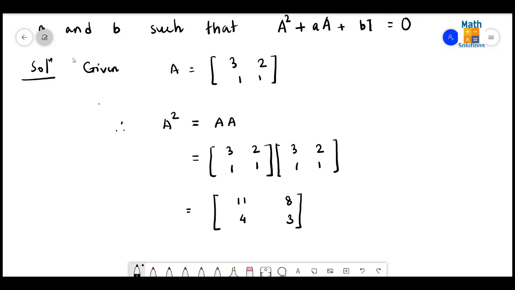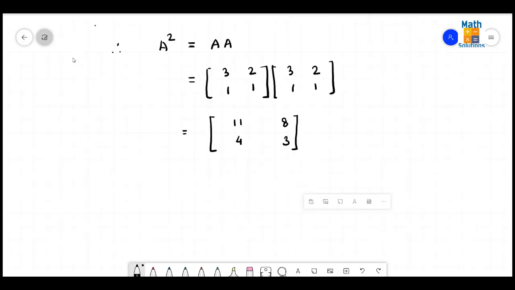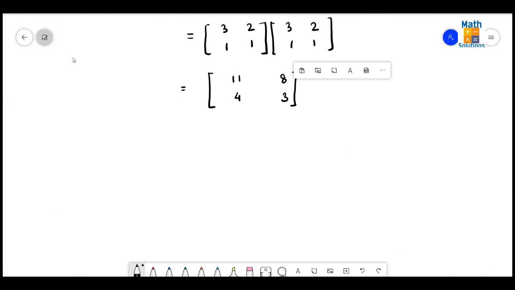Now let us come to this expression. I need to evaluate what small a and small b are. Now I prefer to write the expression once.